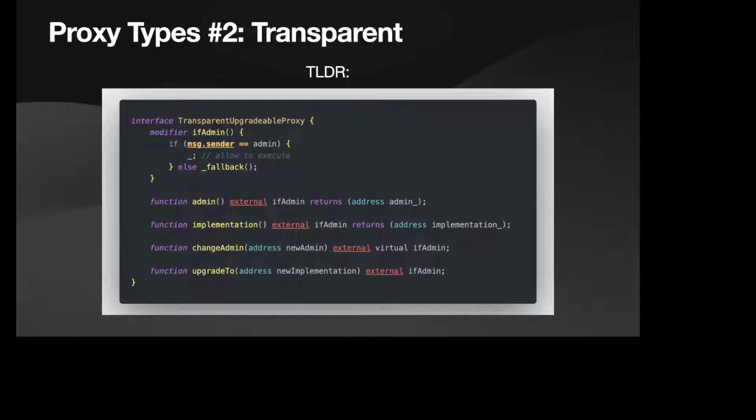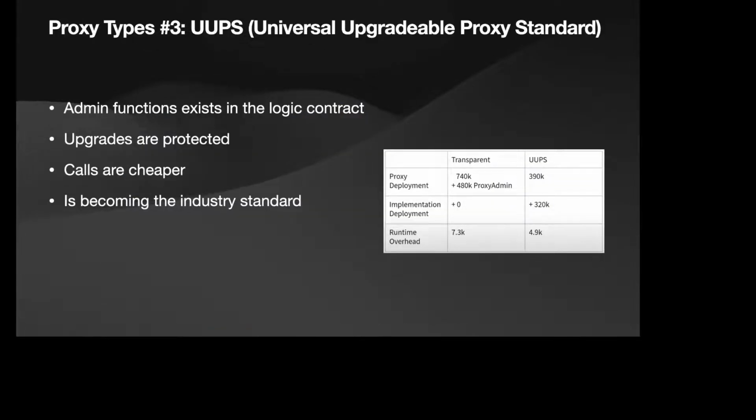Yeah, that's the transparent. Next is UUPS, which, if I'm honest with you, I ran out of time and didn't have a ton of time to really look into. But it's a way in which the proxy contract and the implementation contract, the logic contract, are kind of one, and so they call back to one another.